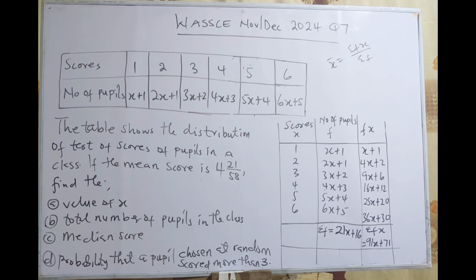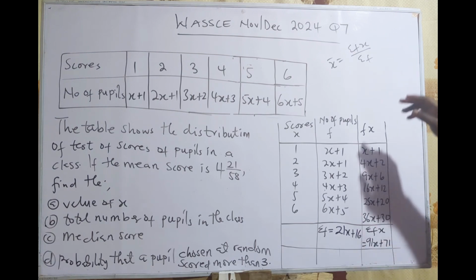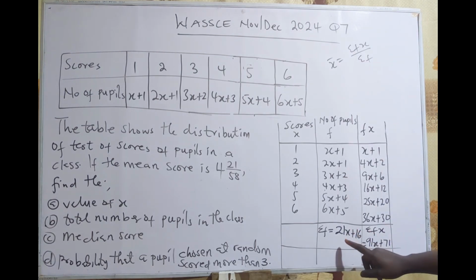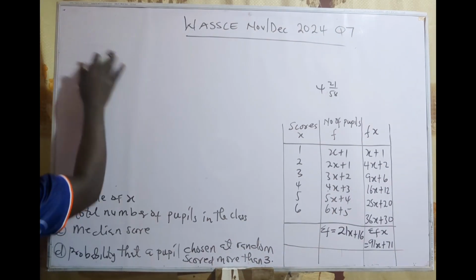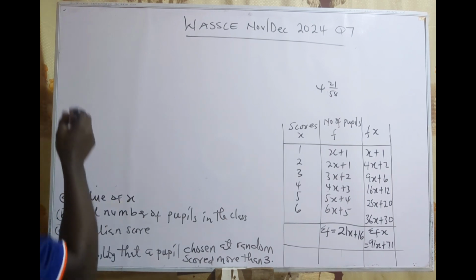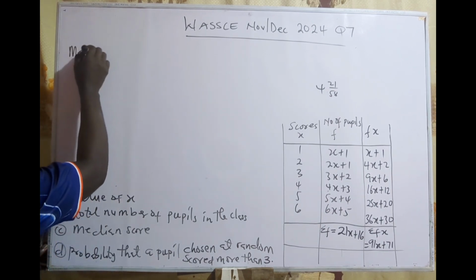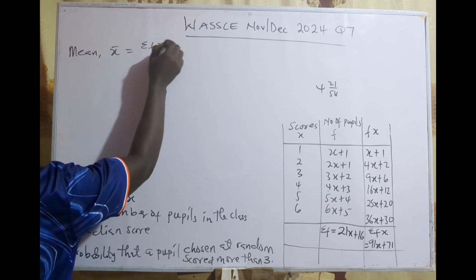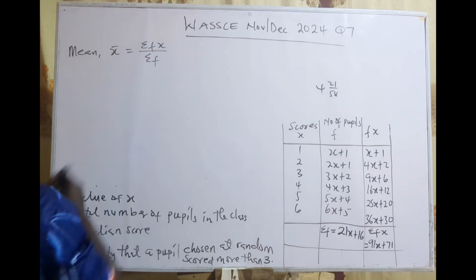Then what we are going to do is equate sigma fx over sigma f to the mean, which is 4 21/58. So we know that our mean is sigma fx over sigma f.